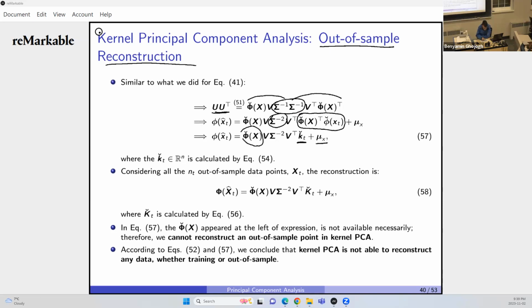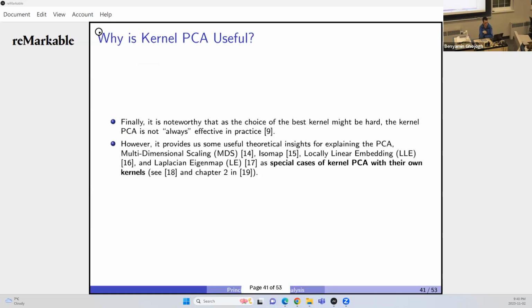But this part is a pain in the neck. I don't necessarily have phi X breve as a single term. And for the matrix case, this becomes a matrix. Because of this, again, for out of sample data I don't have reconstruction. So in general, kernel PCA doesn't have any reconstruction, either for training or test data. It has only projection.